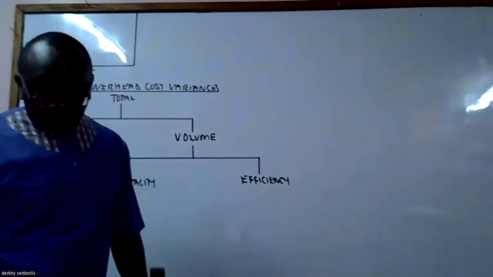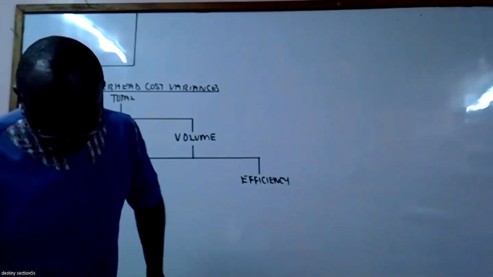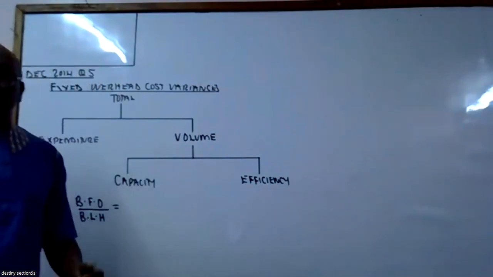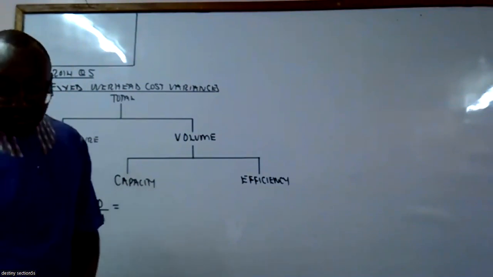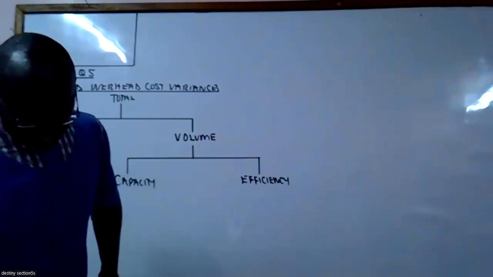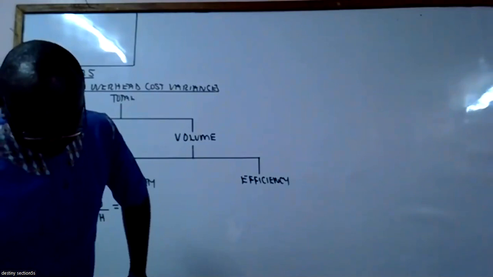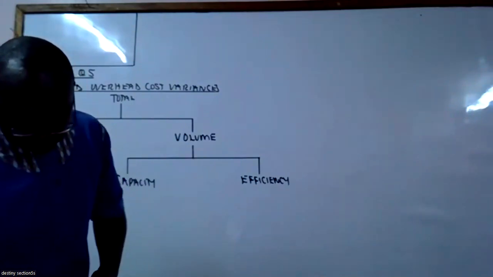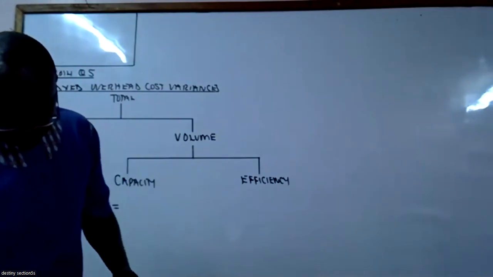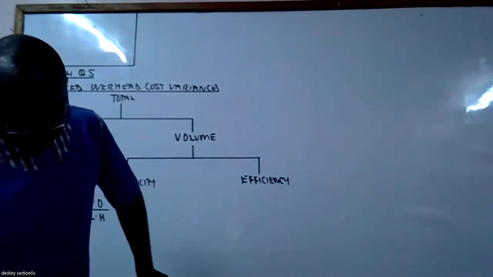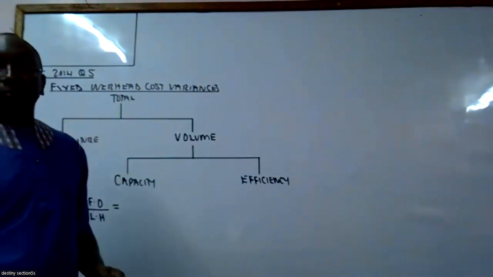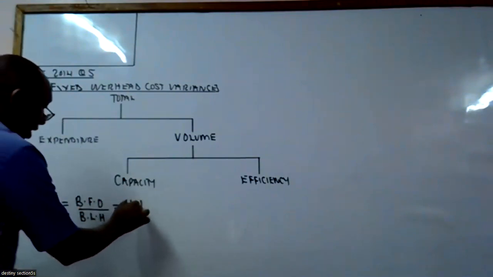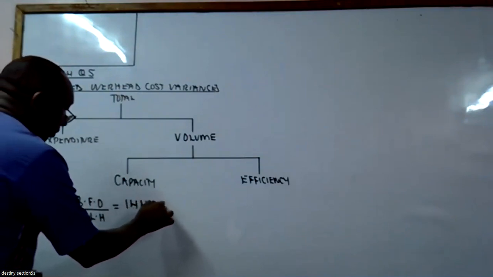Now, looking at the question at hand, you can see additional information. We are told that the annual budget fixed overheads were 14,400,000 and are assumed to be incurred evenly throughout the year.